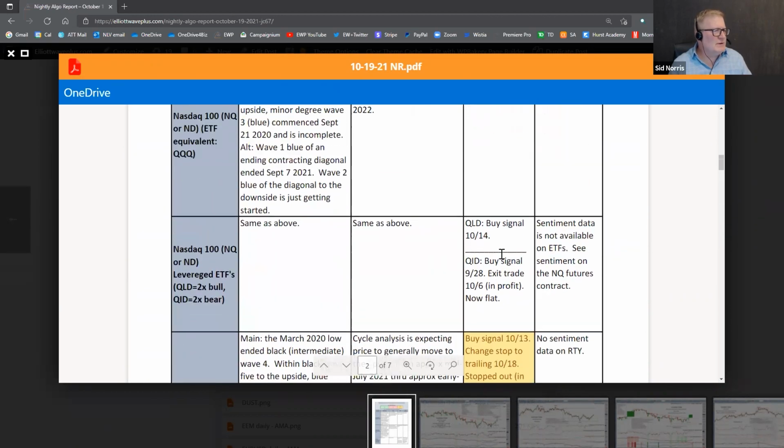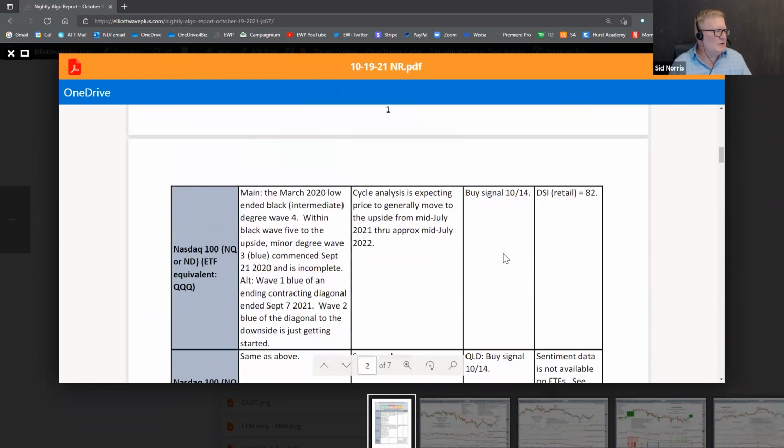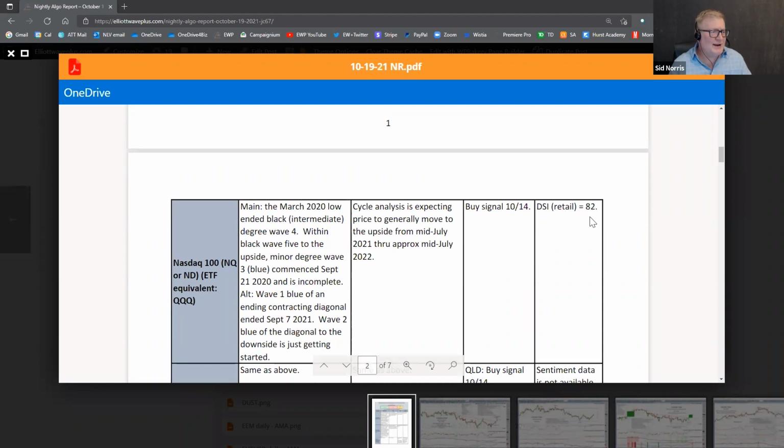Now, some items have sentiment data on them and some don't. For instance, the NASDAQ, the NQ contract, currently at an 82, the DSI, that stands for Daily Sentiment Index. And that means that 82% of all retail traders are currently bullish. That's a pretty high number.